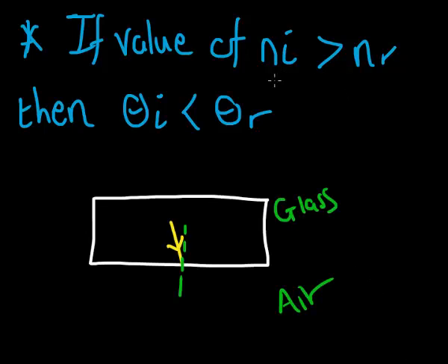That basically means if the refractive index of optical medium 1 is greater than that of the second medium, then we're going from a more dense to a less dense area. And then my light ray would bend away from the normal. That is why our angle of incidence over here is going to be far smaller than our angle of refraction on the other side.